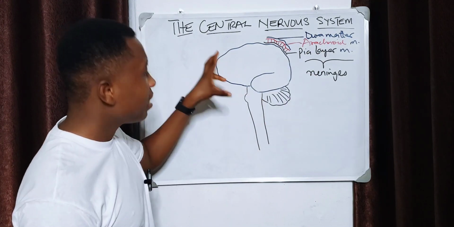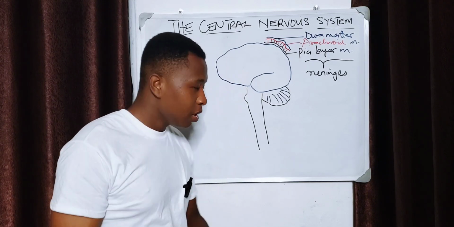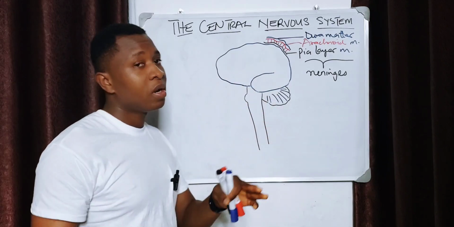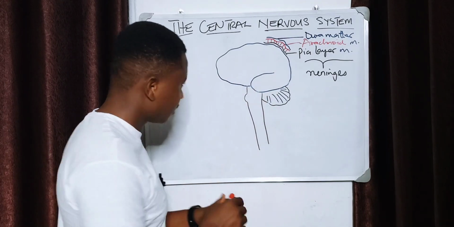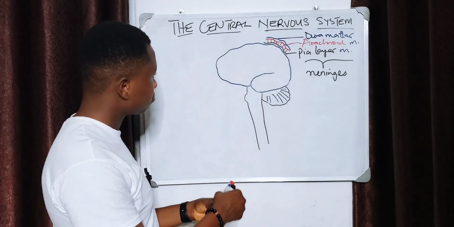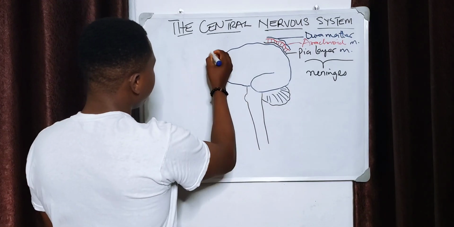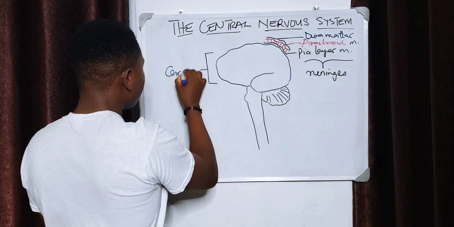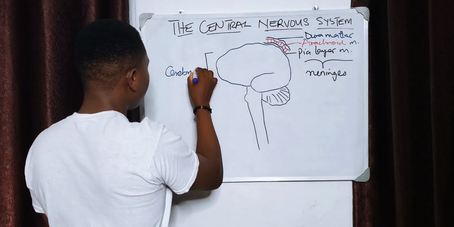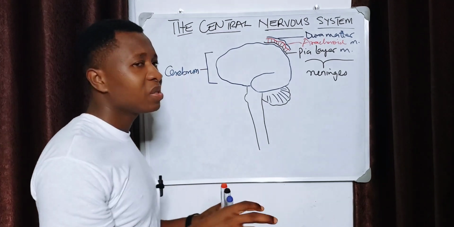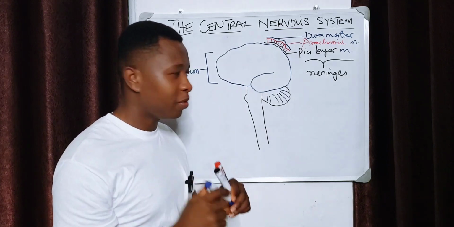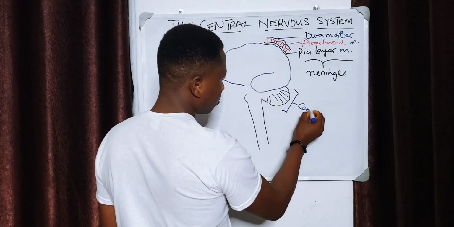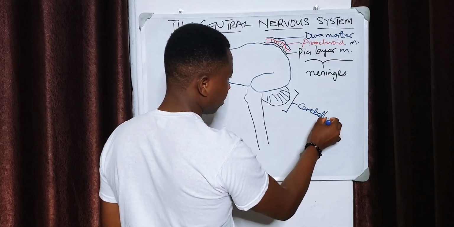Now, looking at the main structure of the brain, the brain and the spinal cord, which is the central nervous system, is divided into three main parts. We have the cerebrum. Then we have the smaller portion, which is called the cerebellum.